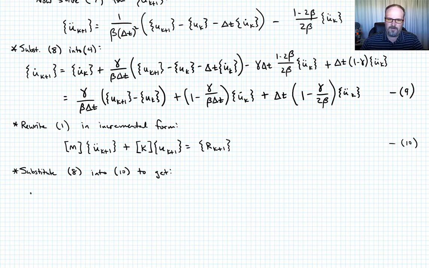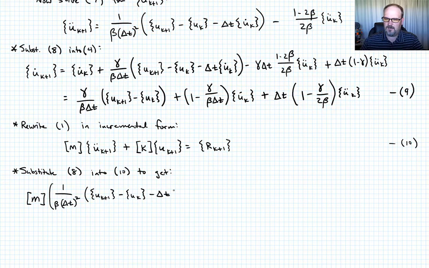So I have this mass matrix out front, and then I just drop the entire equation 8 into here, which looks like 1 over beta delta t squared times (u_{k+1} minus u_k minus delta t times u dot k), right? And then we have this minus (1 minus 2 beta) over 2 beta times u double dot k.